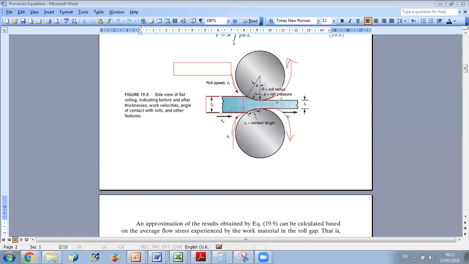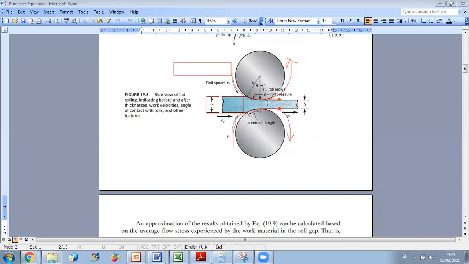It's true that their angular velocities are opposite, but their linear velocity at the contact point will be the same. If you take this contact point, for example, the linear velocity will be like this, and for this other contact point, you will have the velocity like this. This will help in drawing the plate between the rollers.